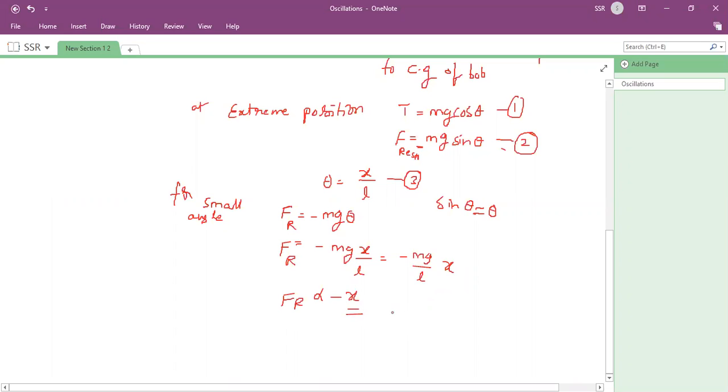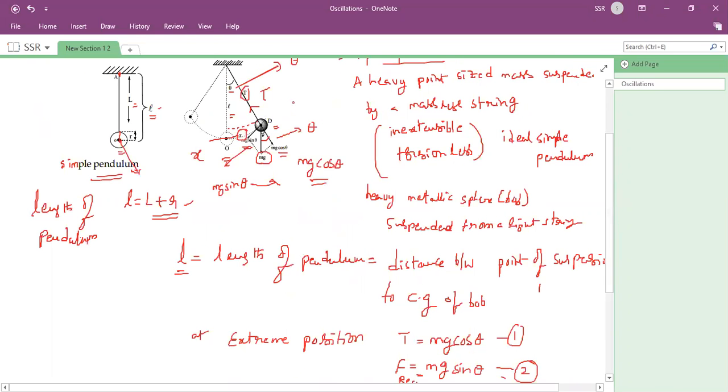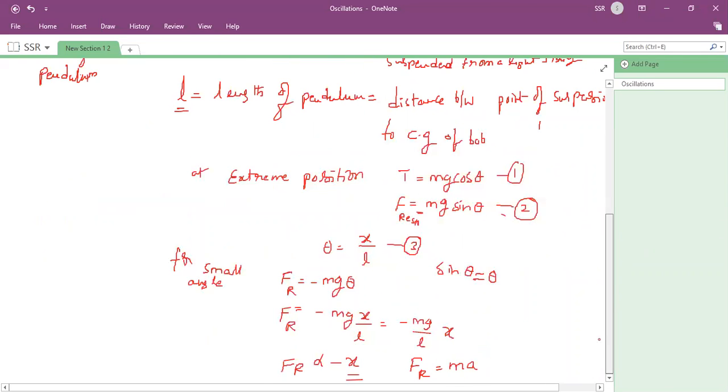According to Newton's second law, F restoring is equal to ma, where m is the mass of the bob. Then you can write the above two equations: F restoring is equal to minus mgx by L, equation number 4, and ma, equation number 5.